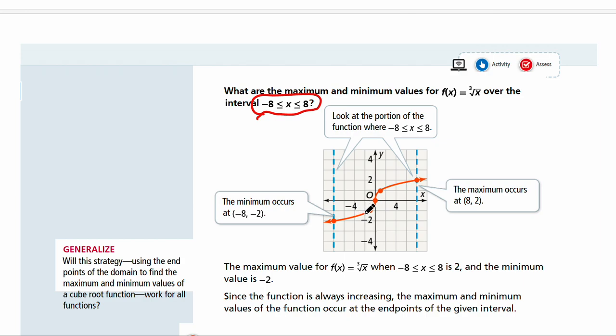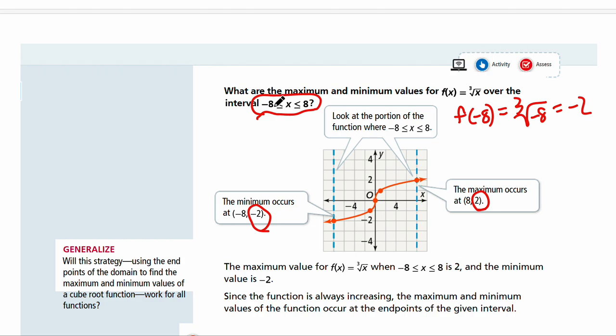So the further left would be the smaller value for the function. So you plug in -8: f of -8 is equal to cube root of -8, which is -2. So this is your minimum value, -2. And then for the maximum value, the cube root of 8 is 2, so +2 would be your maximum.